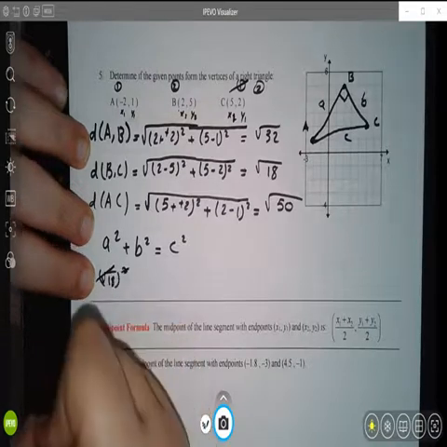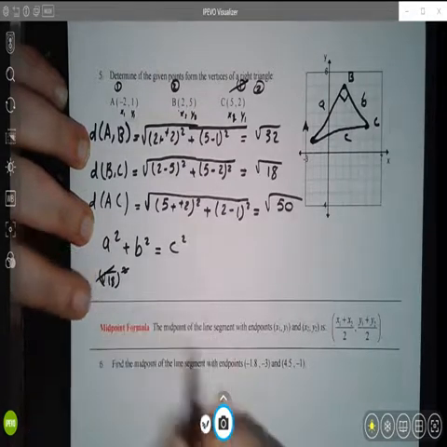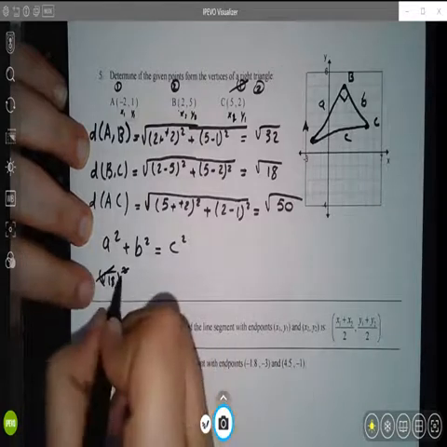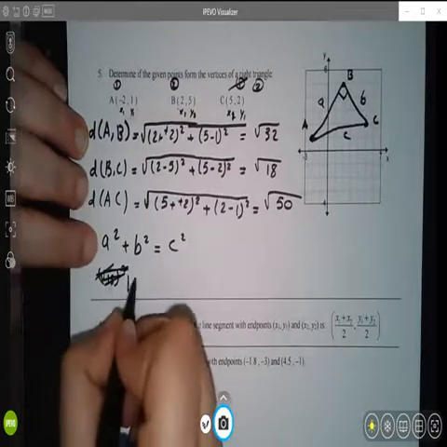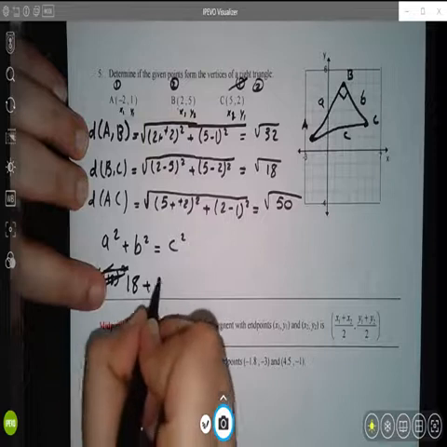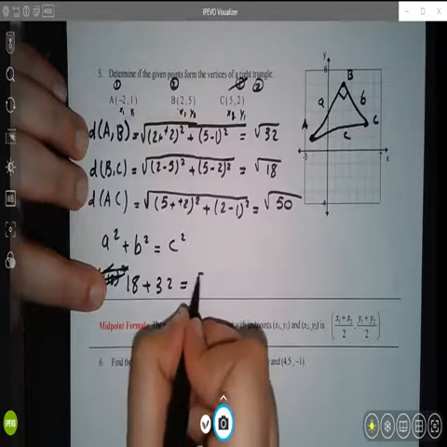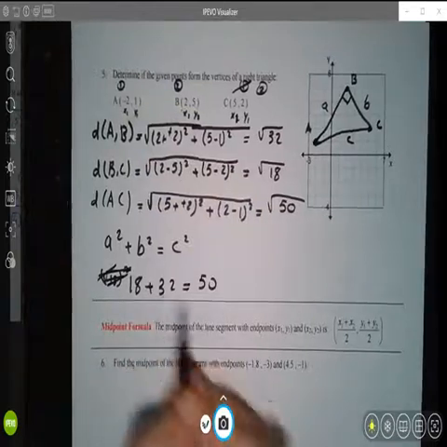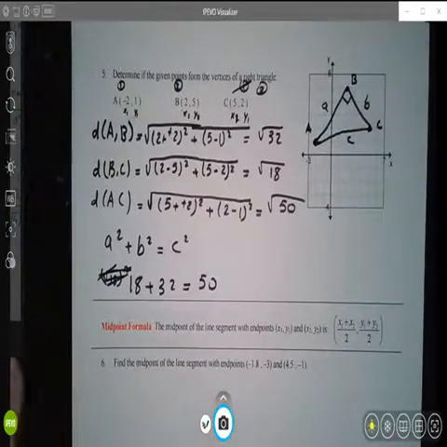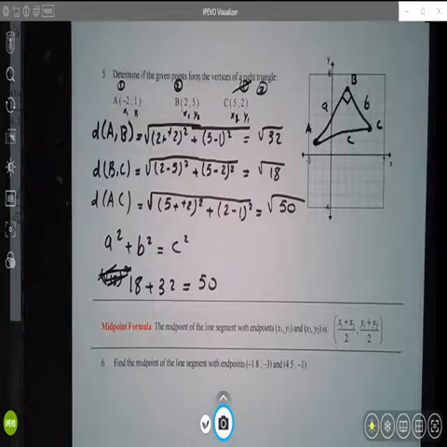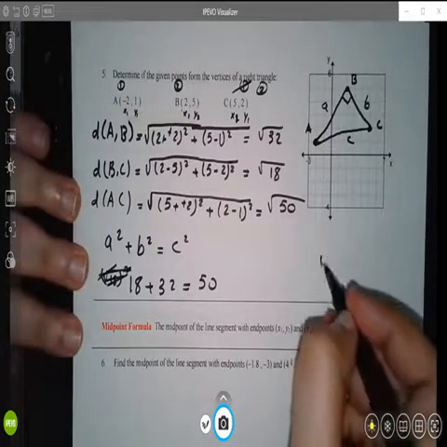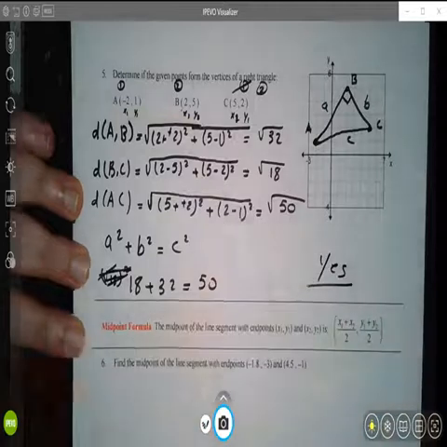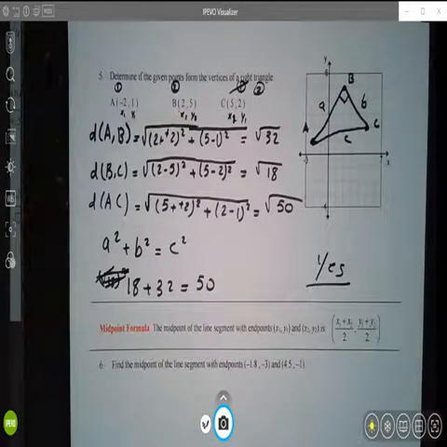The root cancels with the square, right? Yeah, exactly. So you only end up with a number. So that's what we're getting. So you're going to get 18 plus 32. And it equals 50. So adding these together, does that give you 50? Yes, it does. Therefore, the answer is yes. This is the right angle triangle.